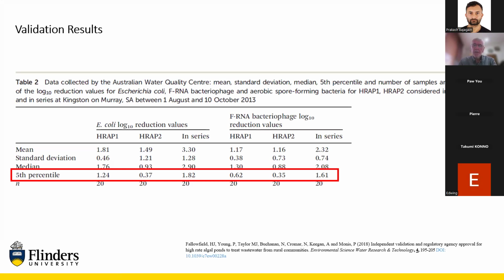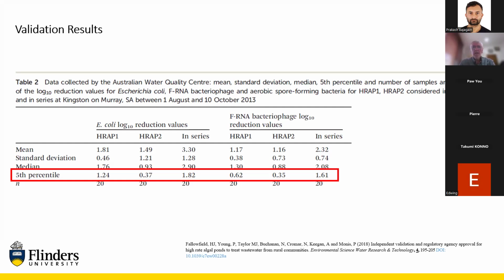In public health terms, the departments of health are really more concerned about viral disinfection, because there's a view that if you have one infectious viral particle and a person susceptible to that virus particle, then they're likely to develop the infection associated with the virus. So they're really interested in viral removal rather than E.